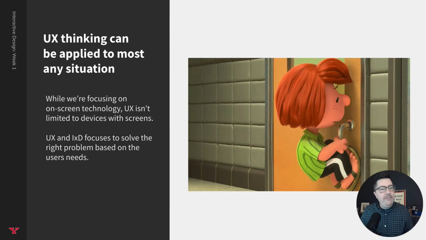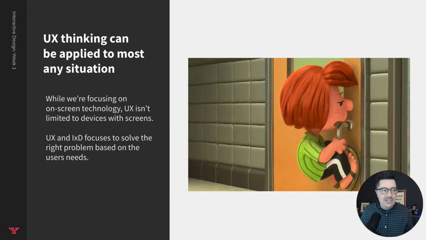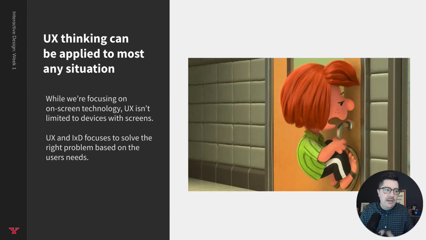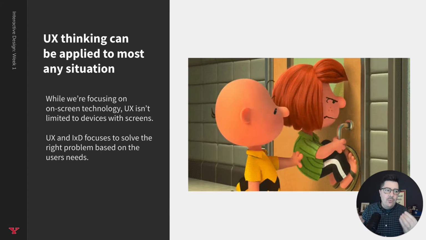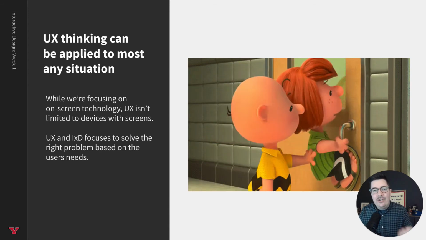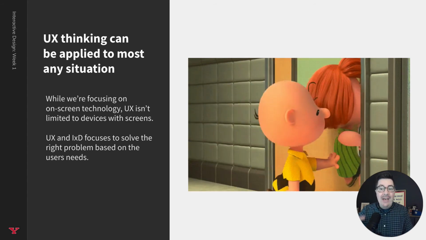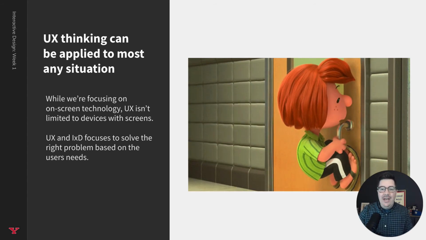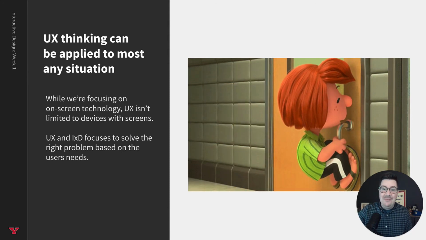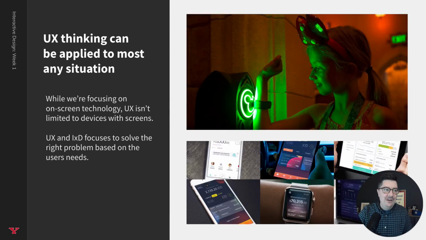While we're going to focus on on-screen technology, UX isn't limited just to the screen, or design thinking isn't limited just to the screen. It's focused on solving the right problem based on what the user's needs are. You can see in this GIF, maybe just by simply changing the handle or by having a label that says push, perhaps you would have avoided this awkward moment where Charlie Brown comes in and pushes the door open while she's trying to pull on the door itself.